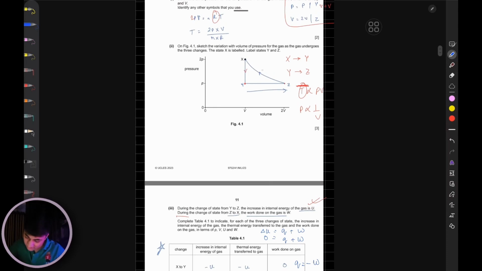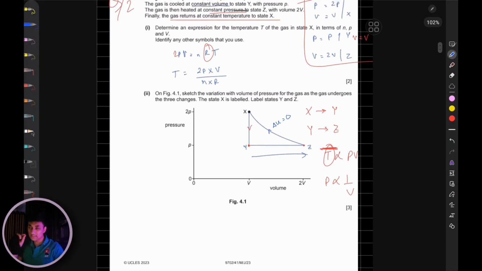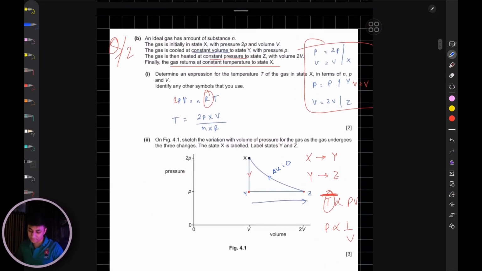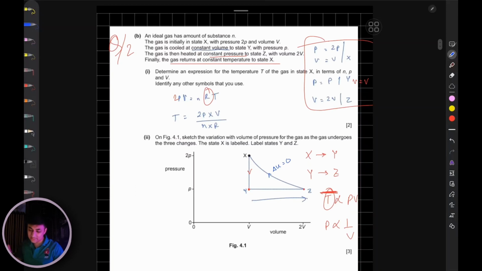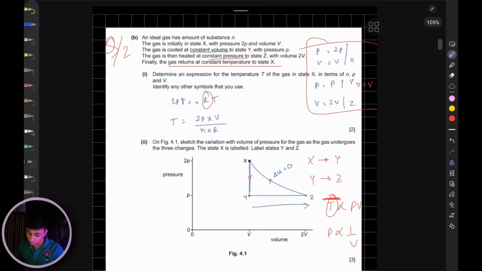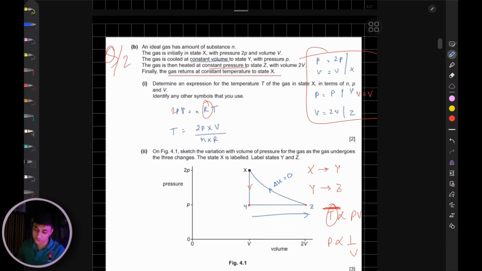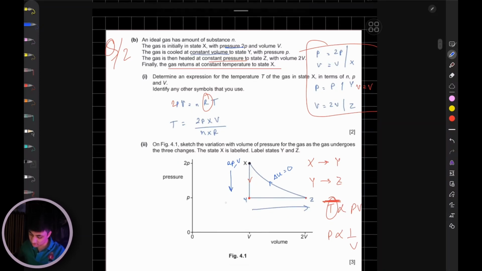From state X, pressure P and volume V, it decreases to pressure P and volume V. So what has happened?